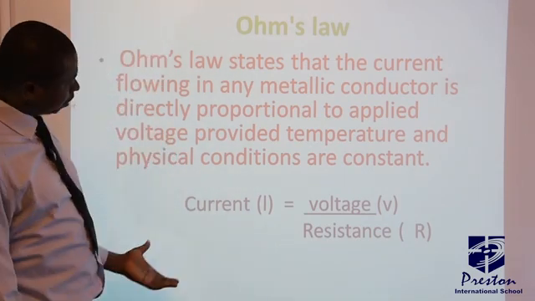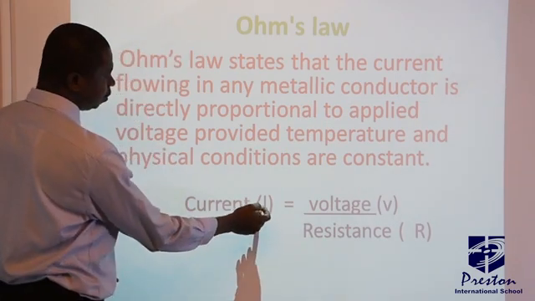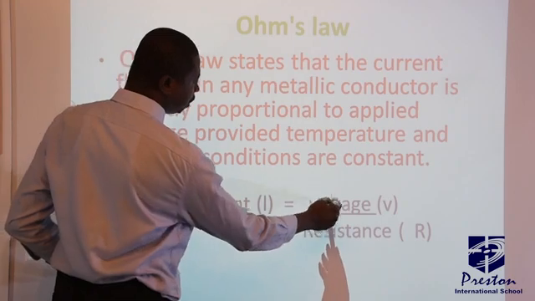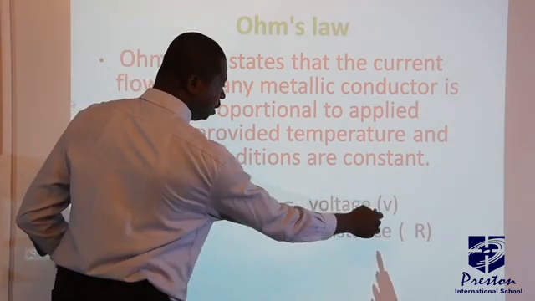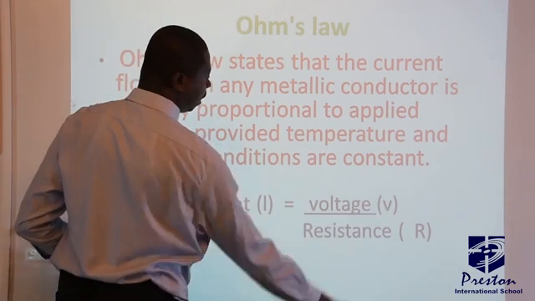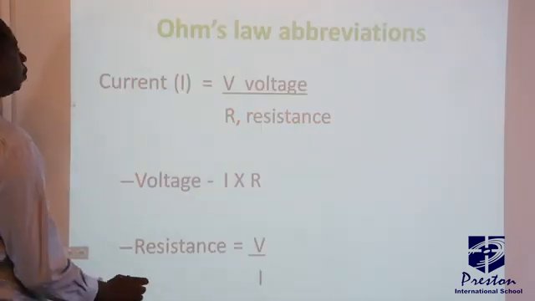The relation is: current, denoted by the symbol I, equals voltage, denoted by the symbol V, over resistance, denoted by the symbol R.